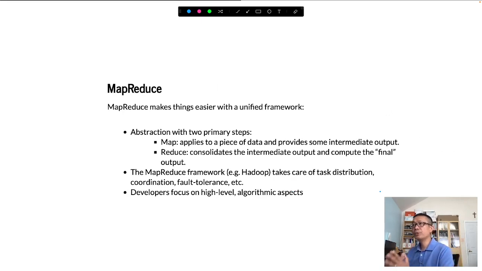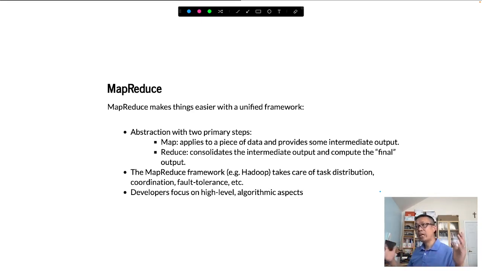So here comes the framework of MapReduce. MapReduce is really a very important innovation, I should say, that makes things easier with a unified framework. And there are many different implementations of MapReduce, but here are some of the key things about MapReduce.